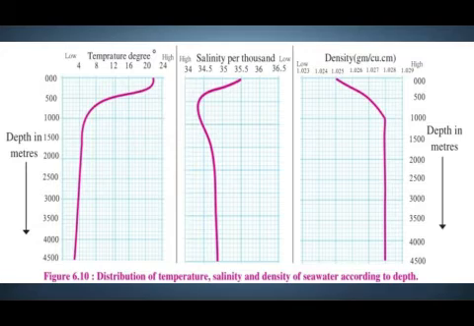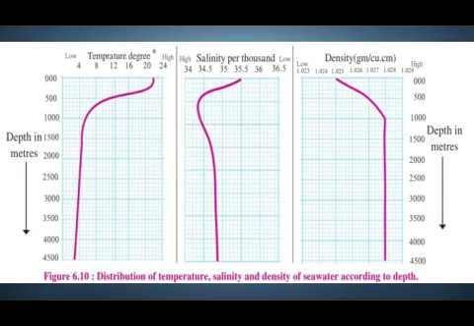Generally, we can call the seawater up to the depth of 500 meters as surface water. And this water gets affected by ocean currents and sun rays. And we can also see the movement of these waters in the form of ocean currents. But we cannot see any changes below the depth of 1000 meters in all the three factors.